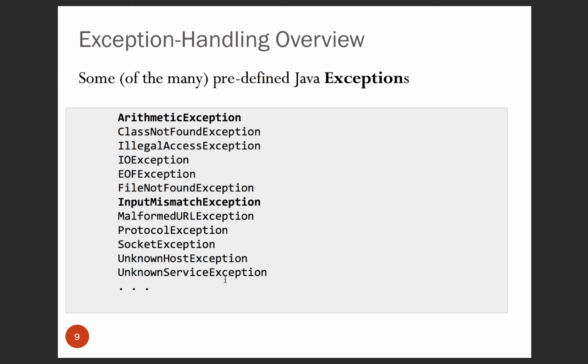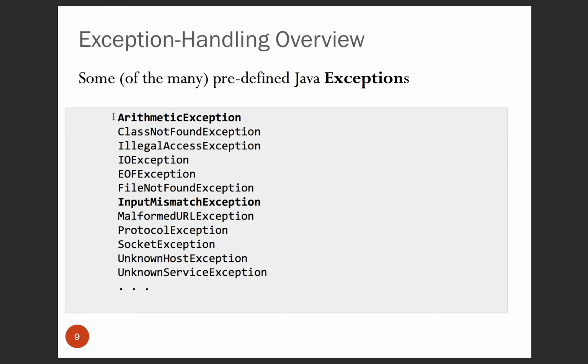There are several Java exceptions. Java has several built-in exceptions, and each of these is a class. You can use these classes to handle different situations. So far, we have seen that to handle dividing by 0, we use the ArithmeticException class.